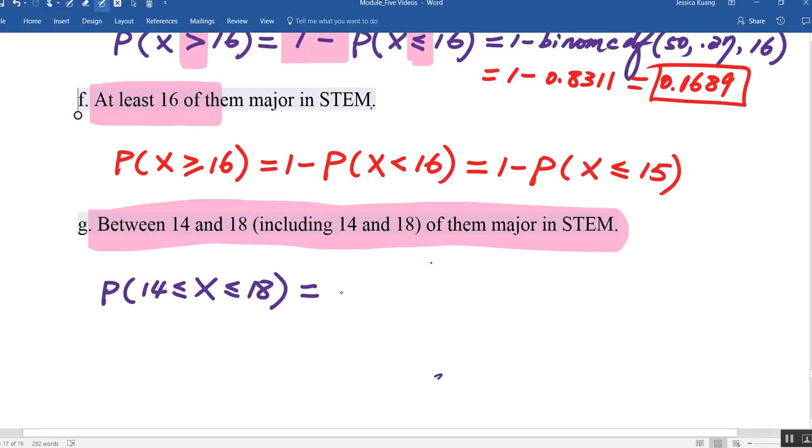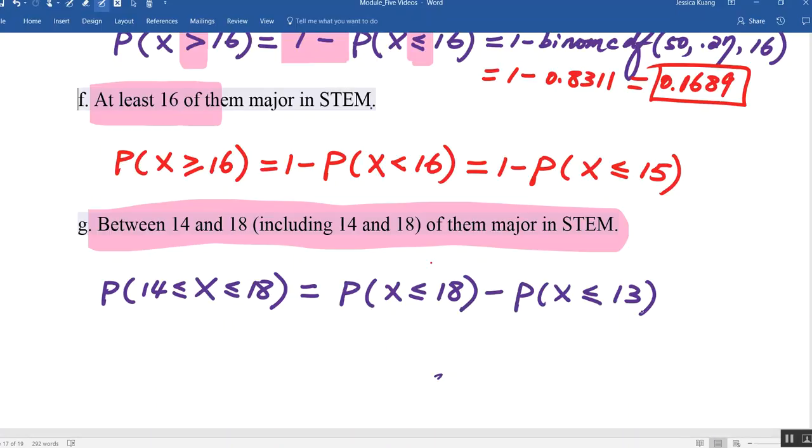That is equivalent to the probability of x less than or equal to 18. Now, if I only have this probability, that will include everything from 0 to 18, but we only want to include everything from 14 to 18. So I need to subtract everything from 0 to 13, to remove the first 13 numbers plus 0: 0, 1, 2, 3, 4, 5, until 13.